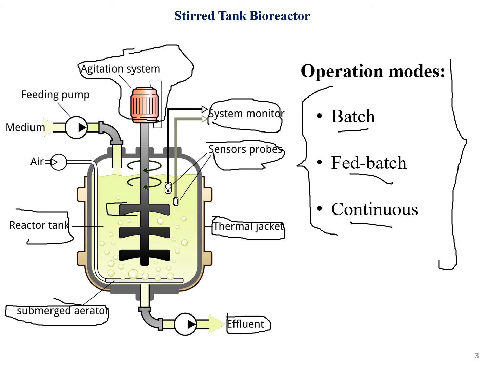It has stirrers for mixing the contents, an air input system from here, a medium input system from here, and a feed pump here. So this is what the stirred tank looks like. This is the basic model of a stirred tank, and it may operate under batch, fed batch, or continuous modes.